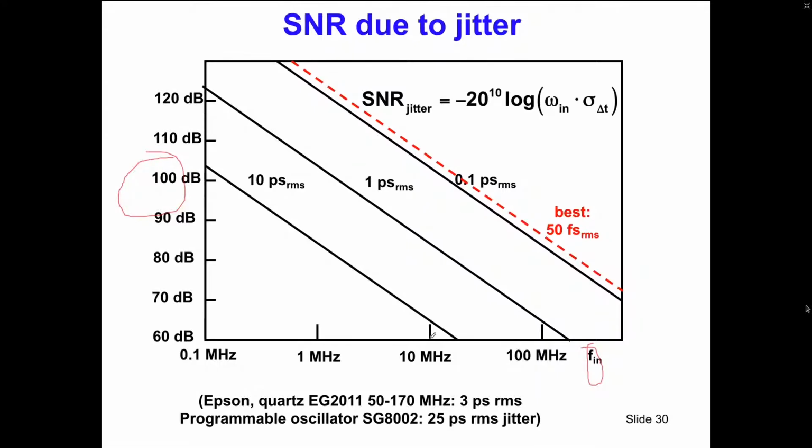If you look at 10 megahertz, then basically there is no way to get better than, in this case, 100 dB of signal to noise ratio, simply because the best reported jitter in a practical design is 50 femtoseconds, and that means that this is basically impossible.